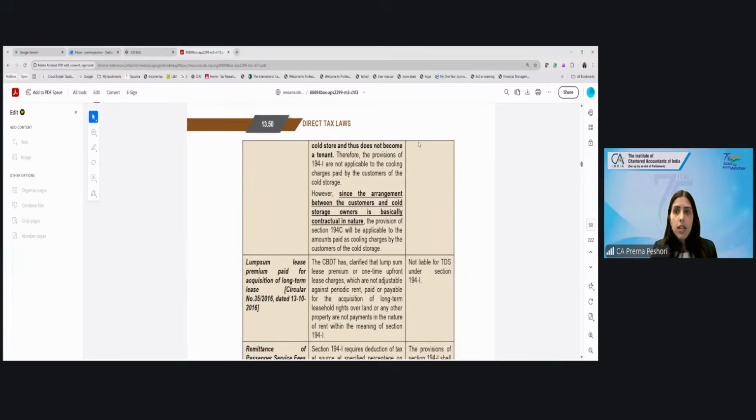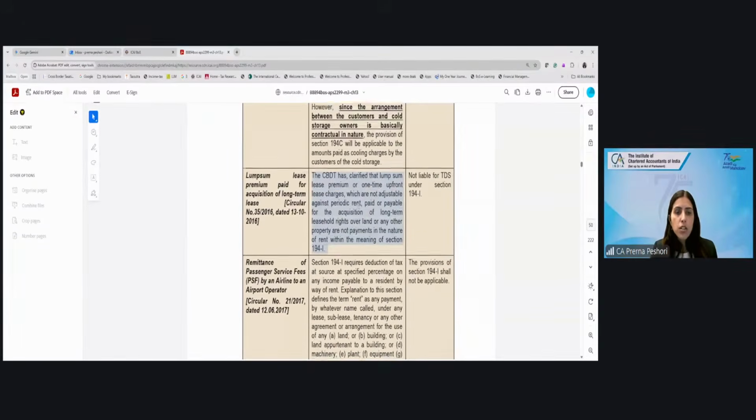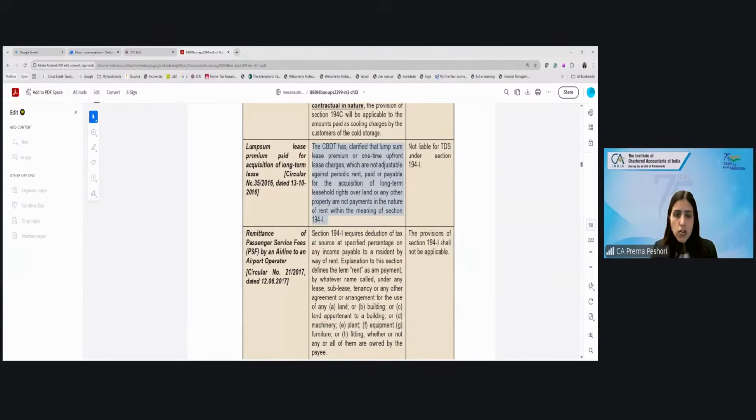Next is remittance of the passenger service fee by an airline to an airport operator. So what happens is when the airline operates at the airport, it is required to pay certain charges to the airport authorities.